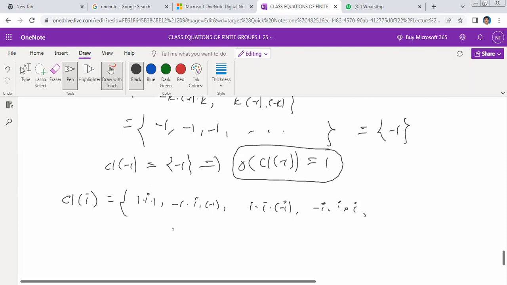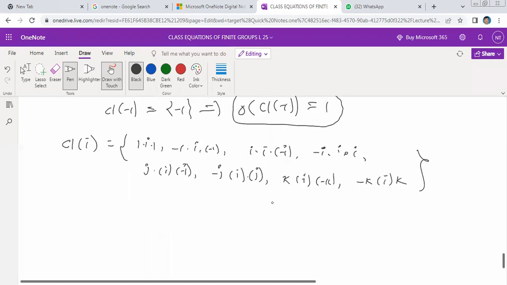Am I right? Next j, whose inverse is minus j. Next k. Suppose in the y place we take minus k, i, whose inverse is plus k. Right?